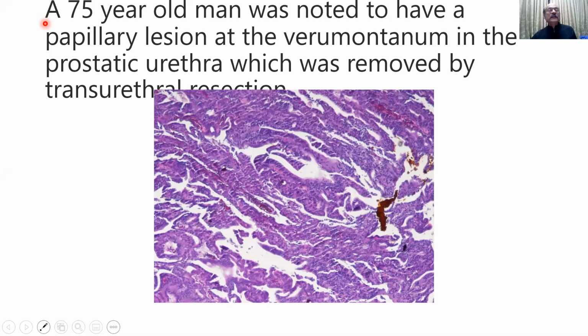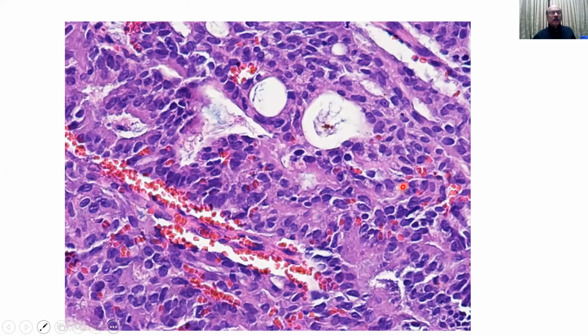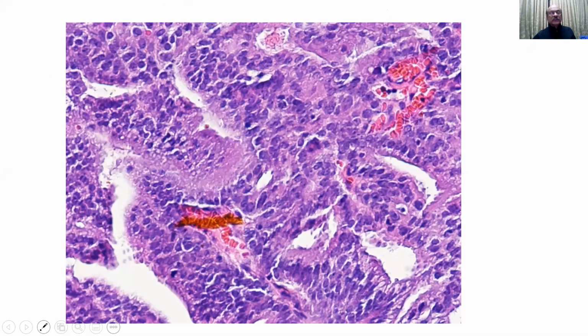This is a tumor of a 75-year-old man who was noted to have a papillary lesion at the verumontanum in the prostatic urethra, which was removed by transurethral resection. And this is the tumor. Here we have the glandular pattern, and at the same time we have this pseudostratified pattern.